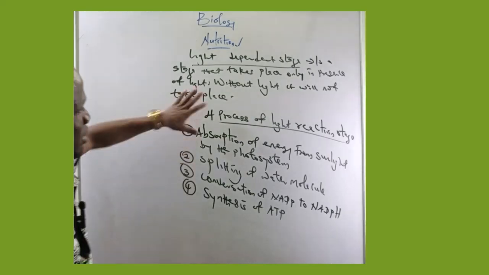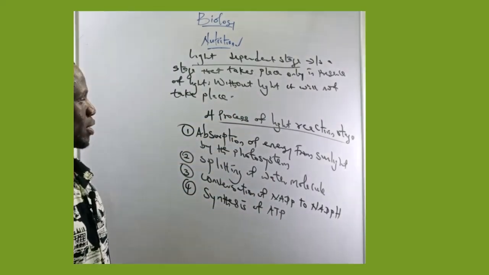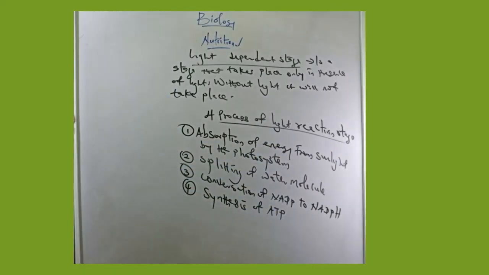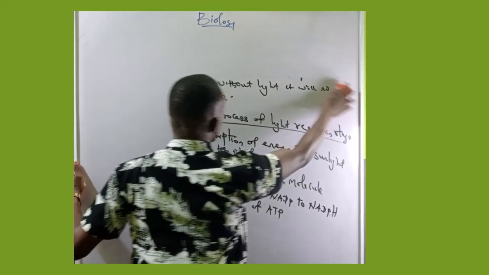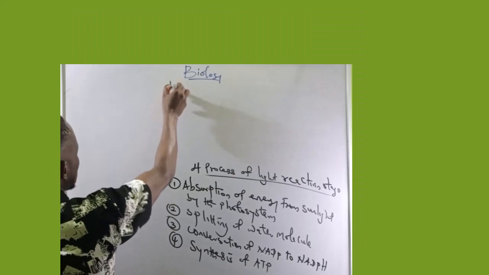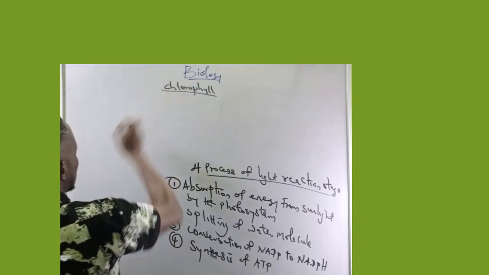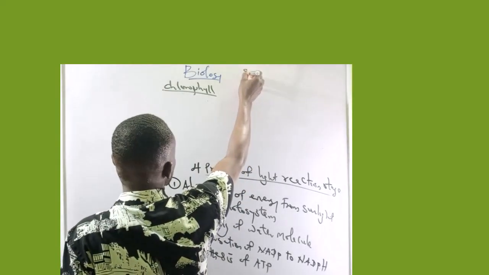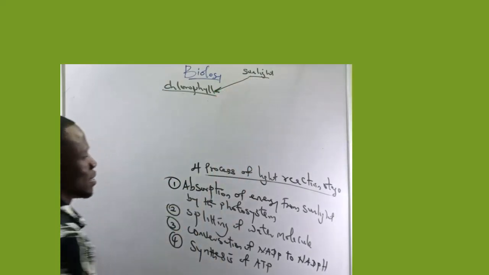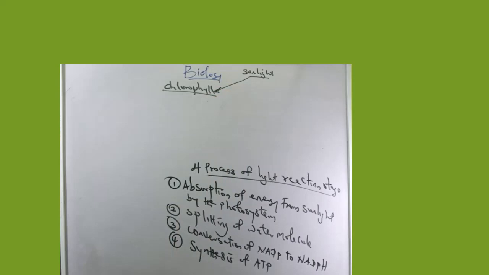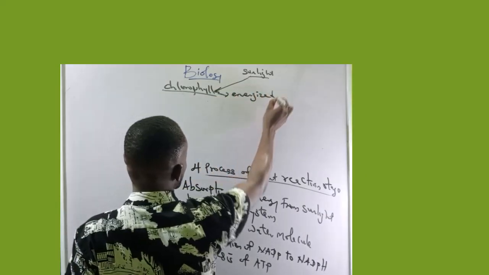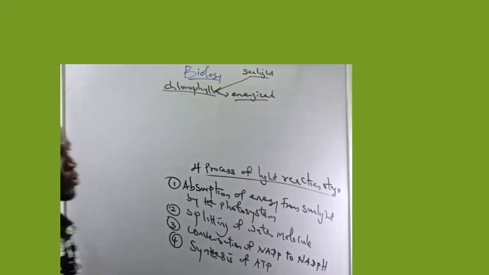So we have to look at each of these processes. First is the absorption of energy from the sunlight. The chlorophyll pigment is the photosystem, the pigment that absorbs energy from the sunlight. When the energy from the sunlight hits the chlorophyll, the chlorophyll becomes energized.